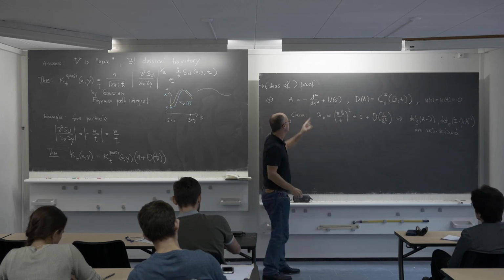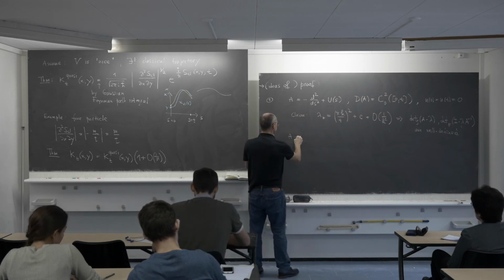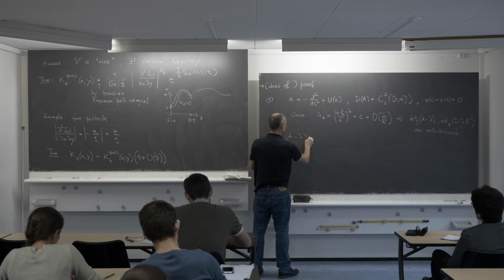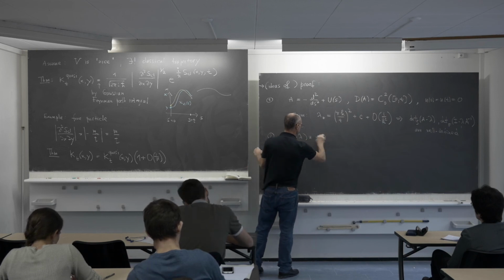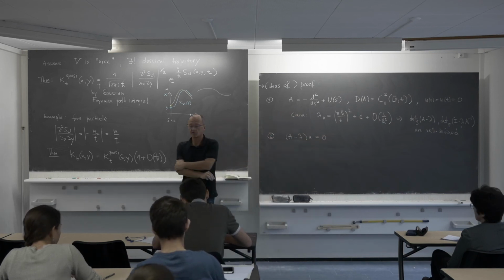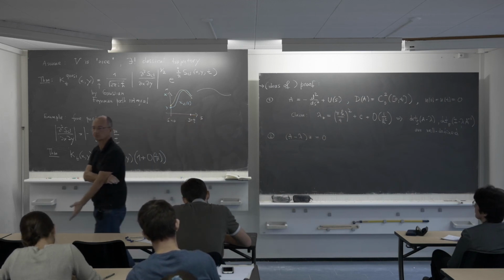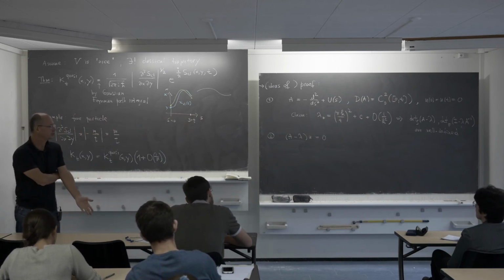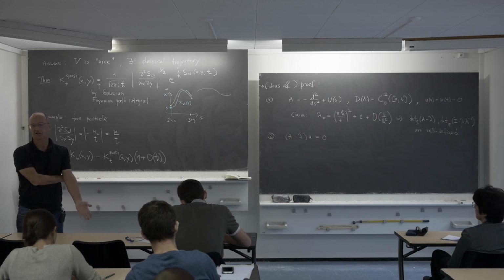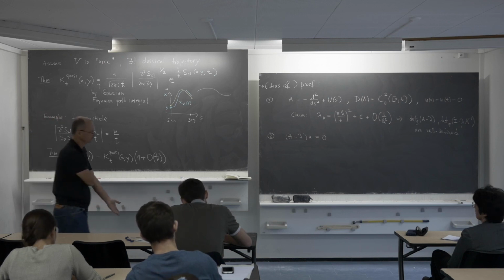So we know that the equation (A minus lambda) u equals 0 actually has two linearly independent solutions for any lambda, right? No matter what.